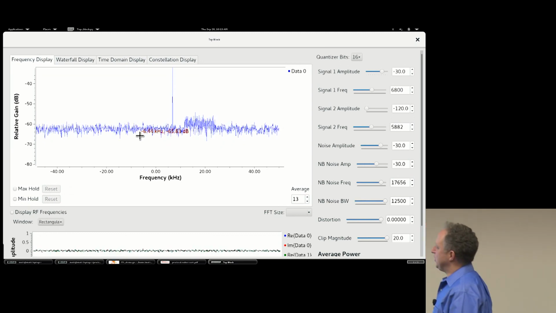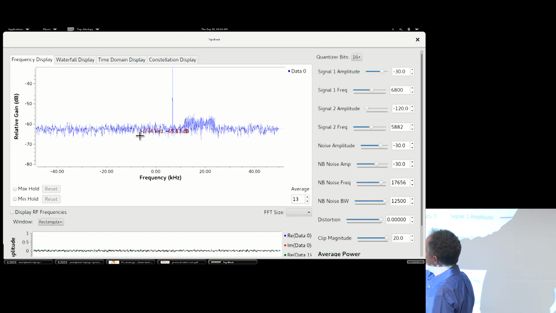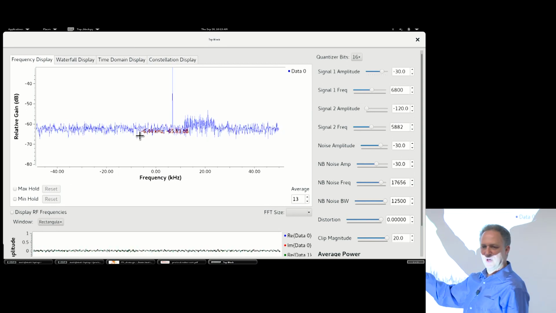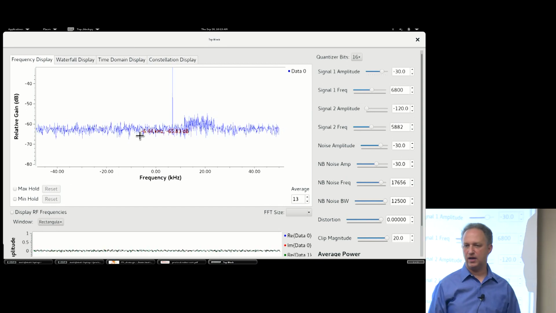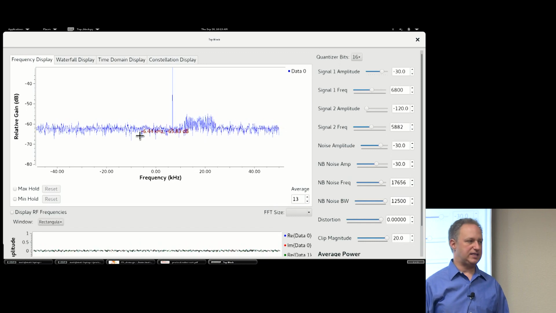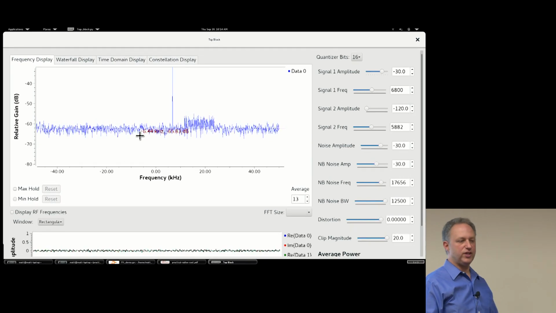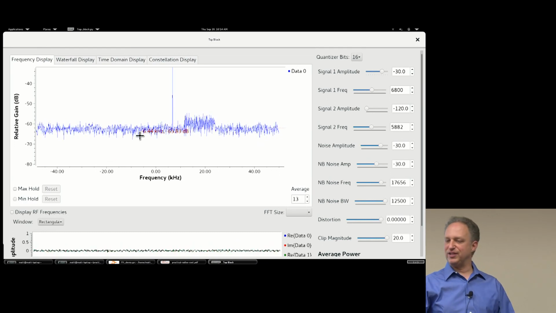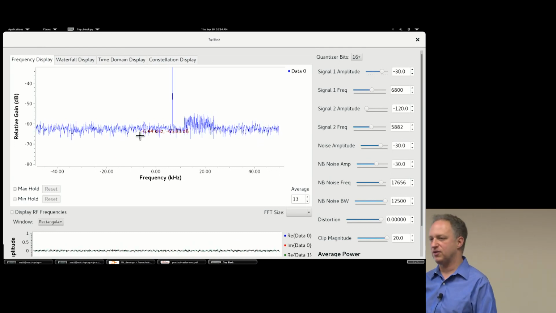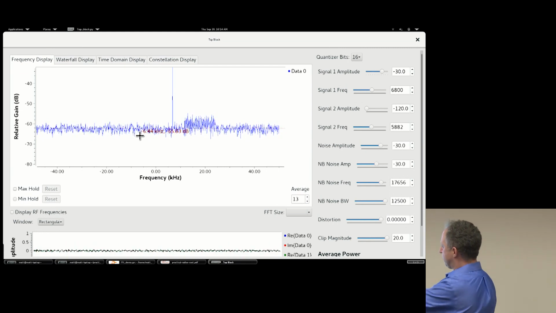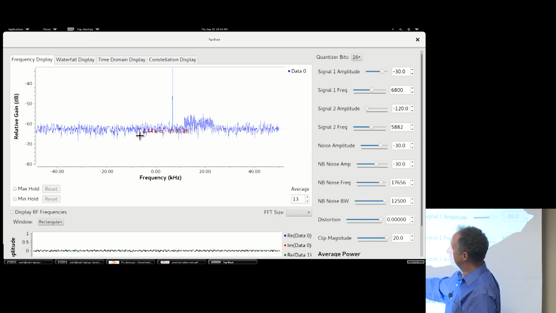What you should see is that the top one goes to -30 and the noise is going to -60, and everybody always calls that a 30 dB SNR. Actually, the two correct answers are either you haven't given enough information, what bandwidth do you want to talk about the SNR over, or if it's for the whole thing, the answer is actually 0.